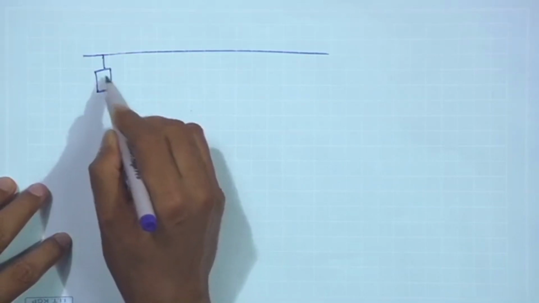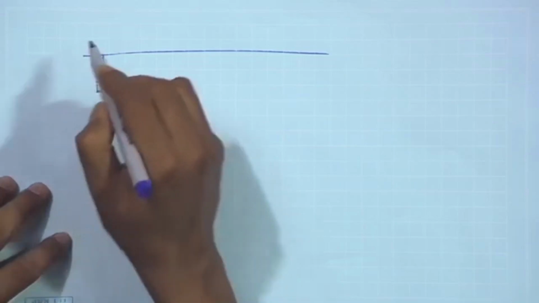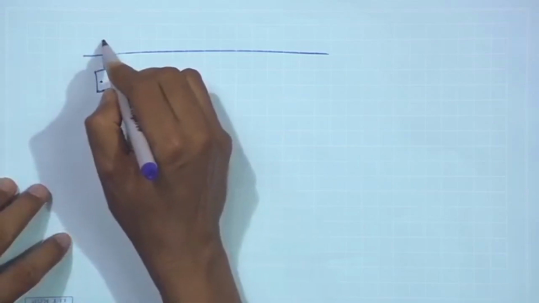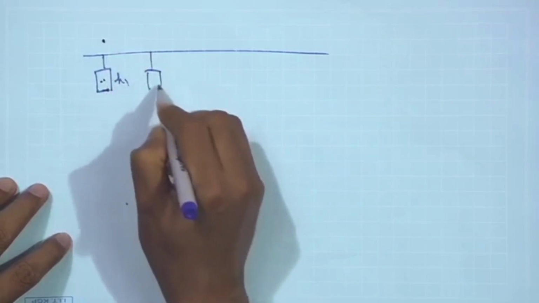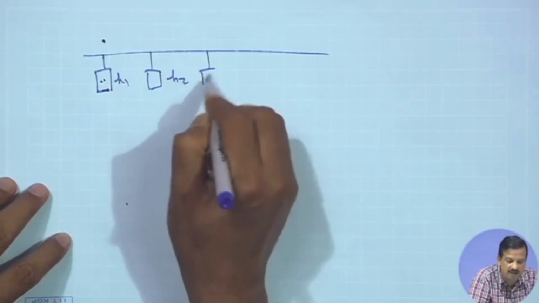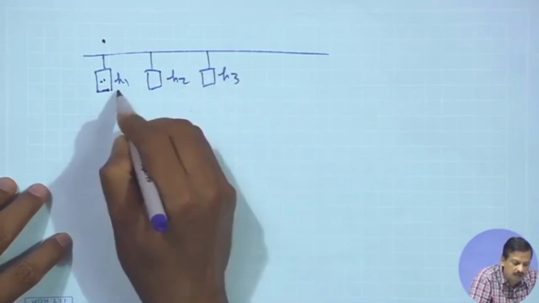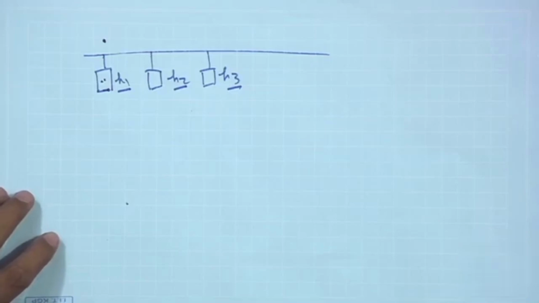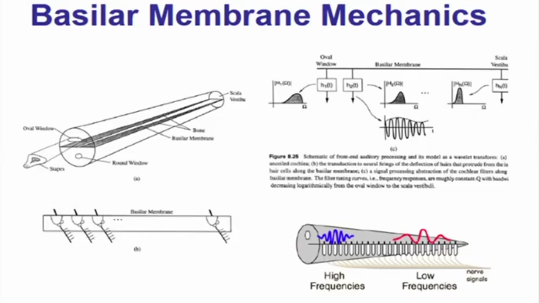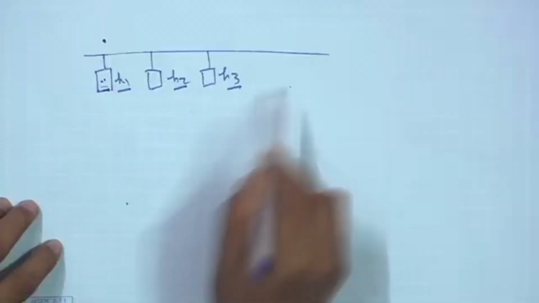When the sensor is active for a particular band, it is called a tank circuit. This is the H1 sensor, there will be an H2 sensor, an H3 sensor. H1, H2, H3 are nothing but band pass filters. So it is a filter bank analysis by the human basilar membrane.